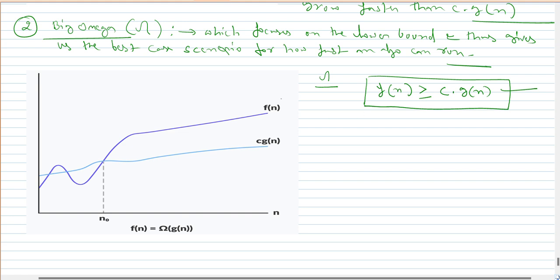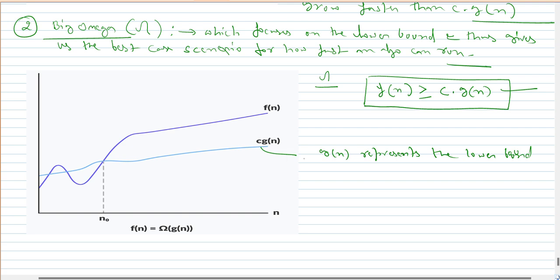Here g(n) represents the lower bound of the algorithm's performance.